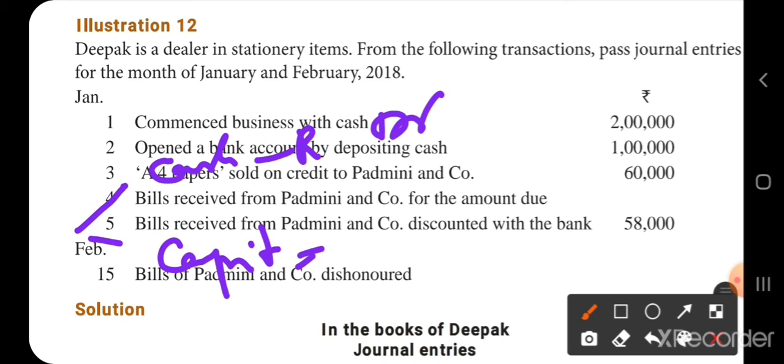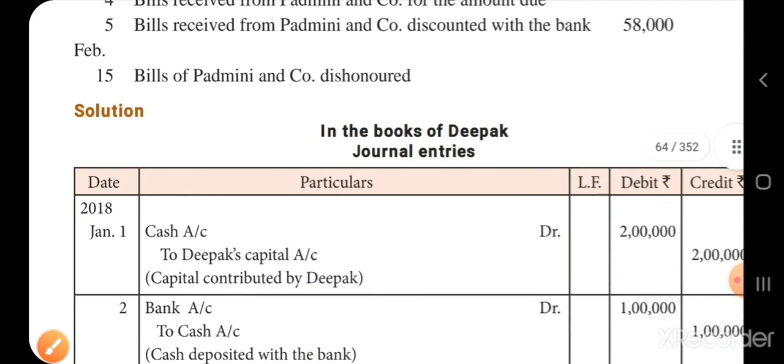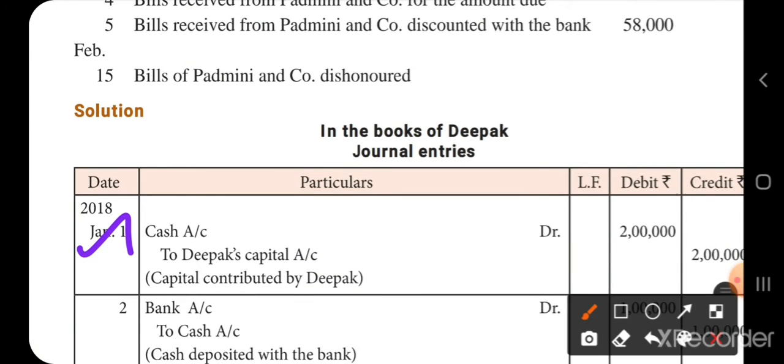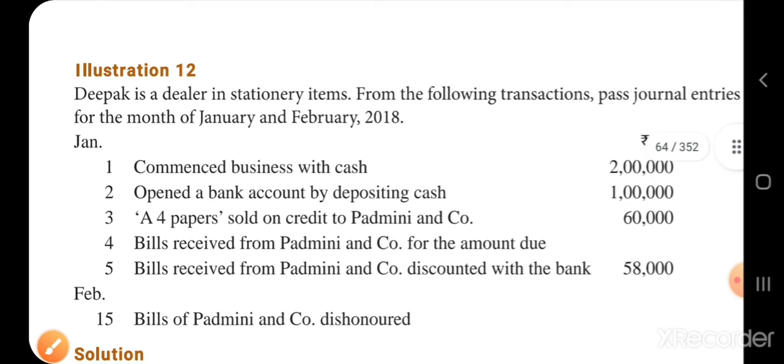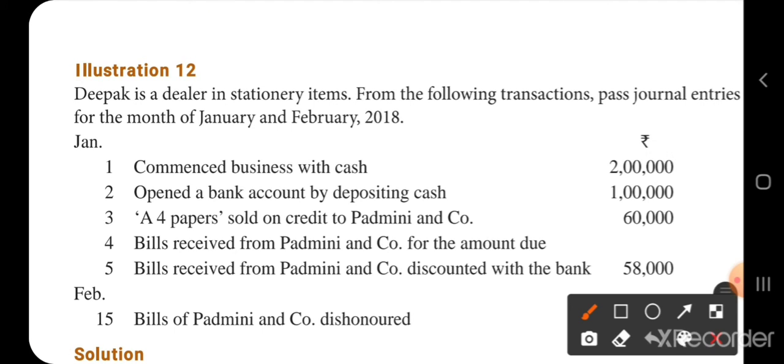Who is giving the capital? Deepak. So Deepak's account you have to credit, the giver. So the entry will be cash account debtor to Deepak's capital account. The next transaction, opened a bank account by depositing cash.